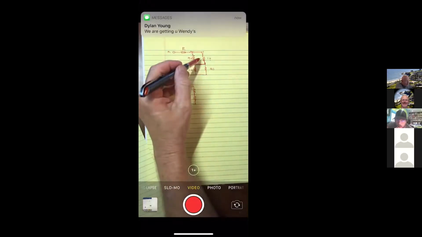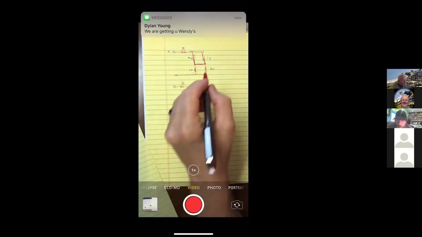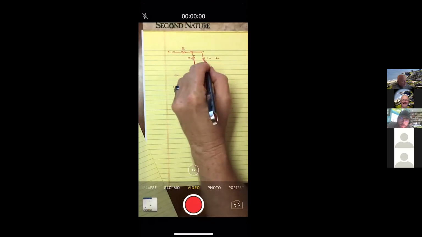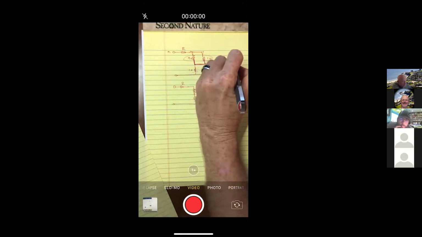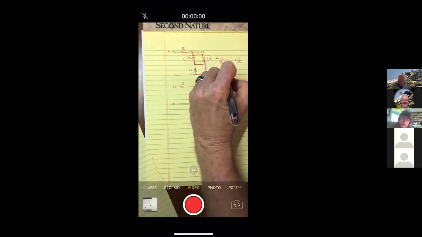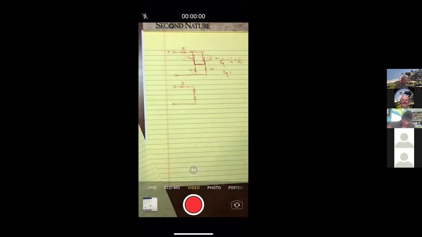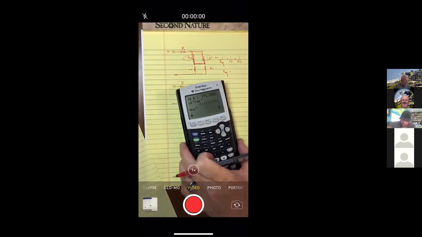And then the result of that and that would be in series. So I'm going to find out what that equivalent of just these two is. So I'll go 1 over the equivalent is 1 over 10 plus 1 over 90. So I'm grabbing my calculator. 10 reciprocal plus 90 reciprocal, enter, and the reciprocal of that is about 9 ohms.